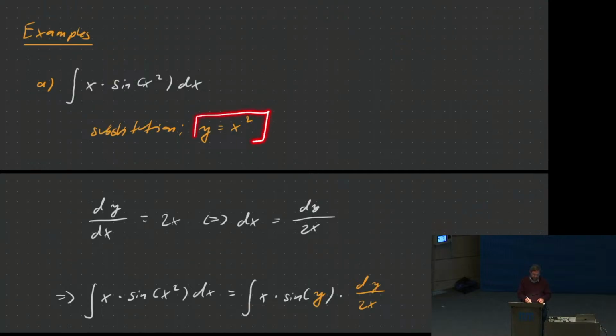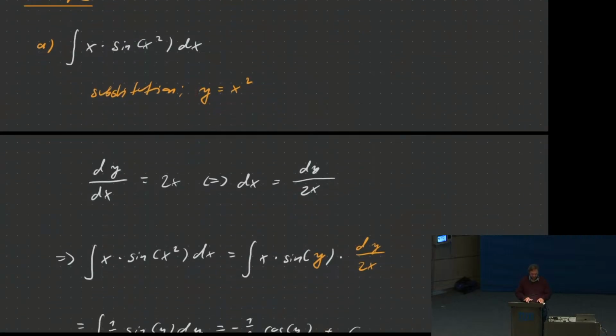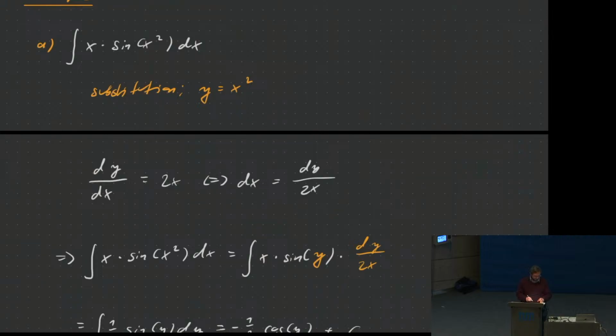We just say, well, let's replace x squared by y. Then we have a sine of y, and that's easy to integrate. If we apply that formalism, just as I did here, dy by dx, we get 2x. So we differentiate that expression by x, we get 2x. And then we solve for dx, and we get dx is dy over 2x.